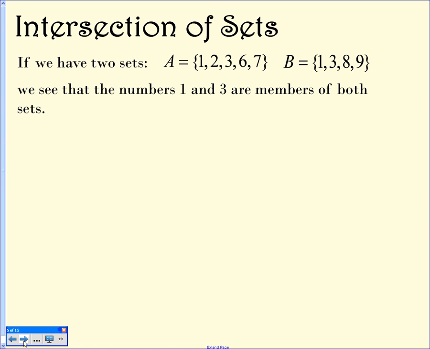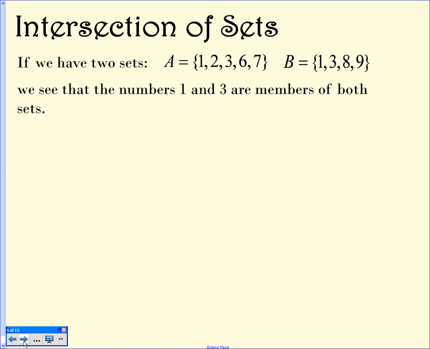Okay, so we have two sets. A includes 1, 2, 3, 6, and 7. B includes 1, 3, 8, and 9. Do y'all see how that works? Do you see how 1 and 3 are members of both sets? If you think of the intersection of roads, what would that be?